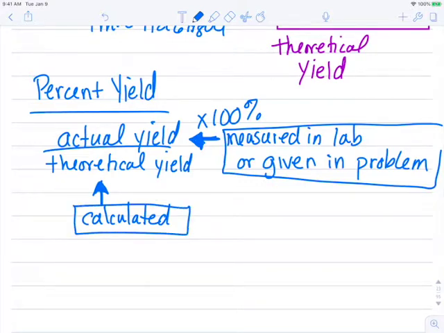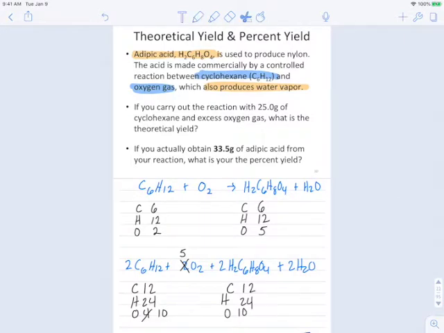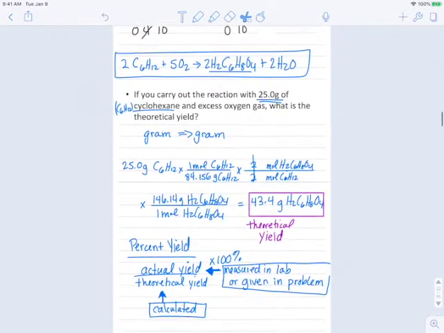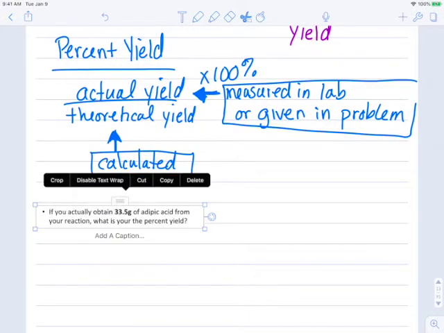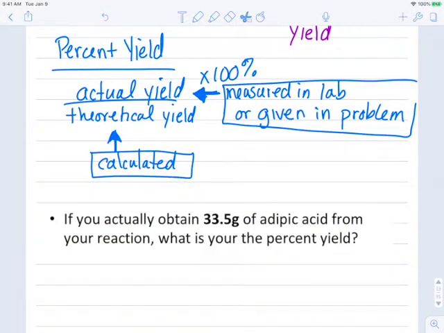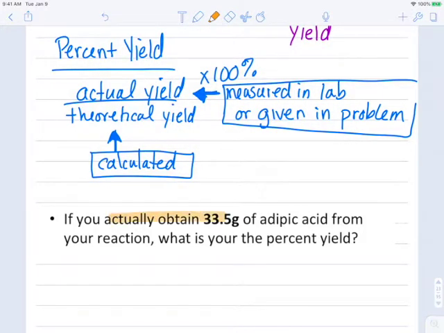So questions so far about that percent yield? So that said, let me grab that actual yield from the problem. All right, so it says if you actually obtained 33.5 grams of adipic acid, what would be your percent yield?